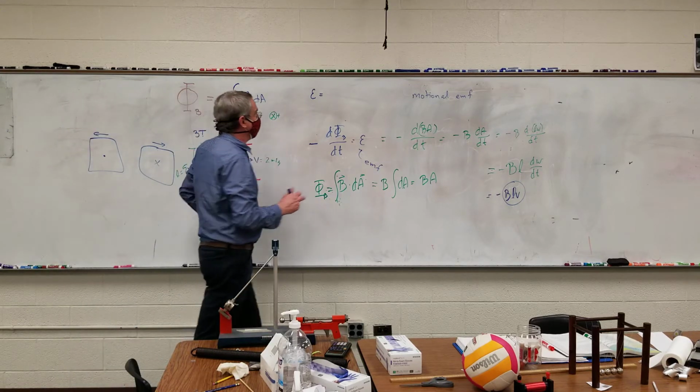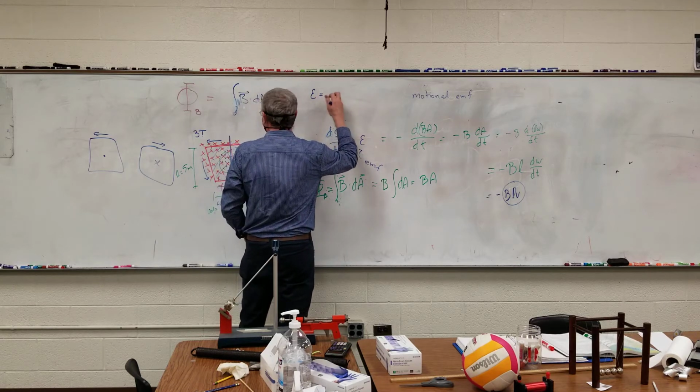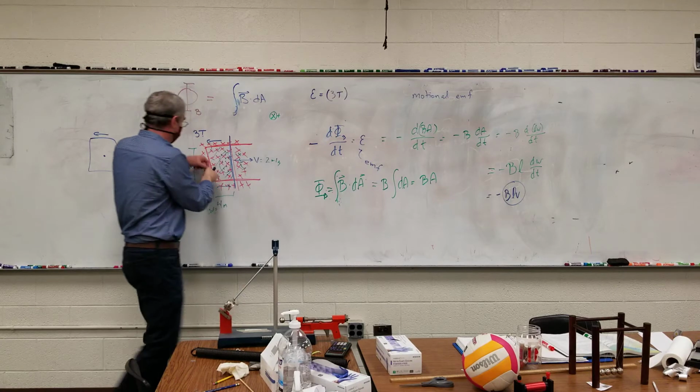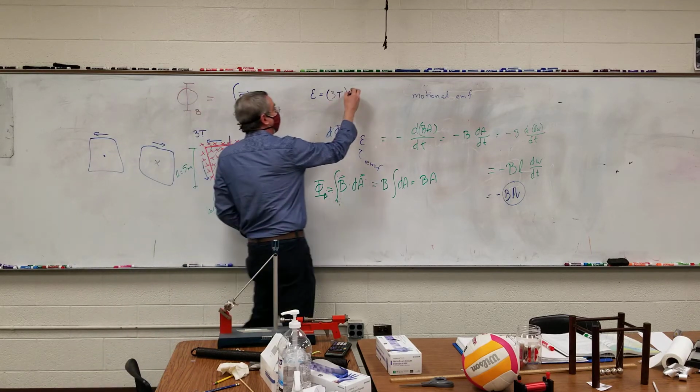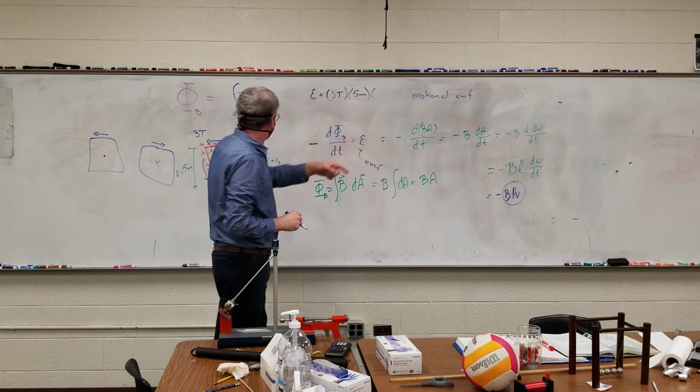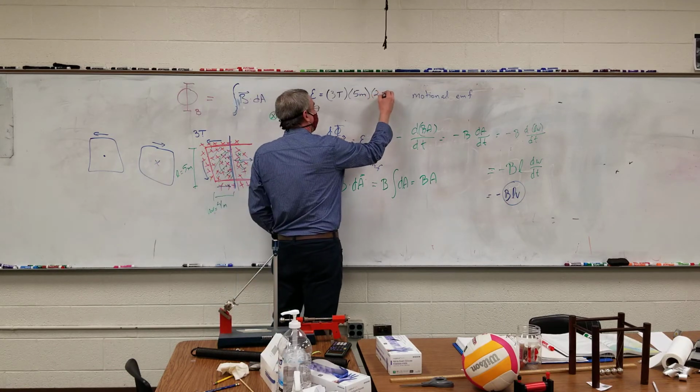All right, so my EMF is going to be, just looking at the magnitude of it, 3 Tesla times the length, this distance right here, 5 meters, times the velocity, 2 meters per second.